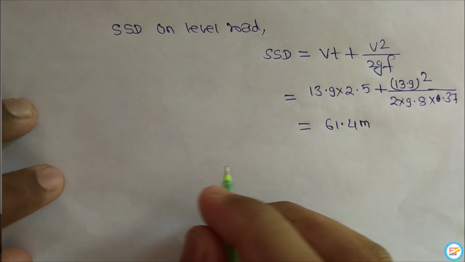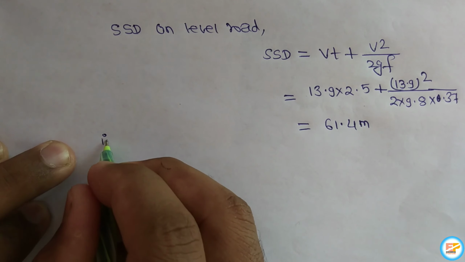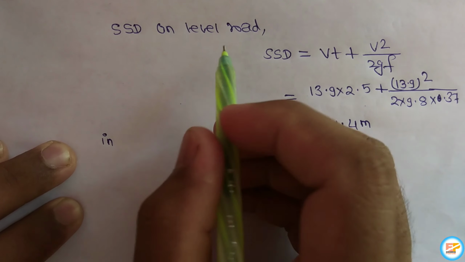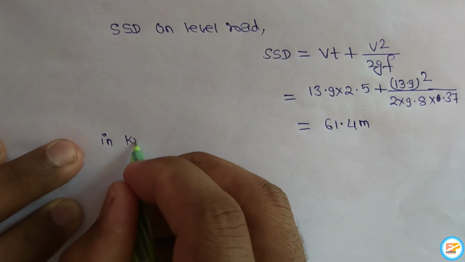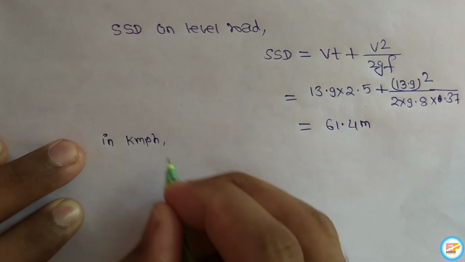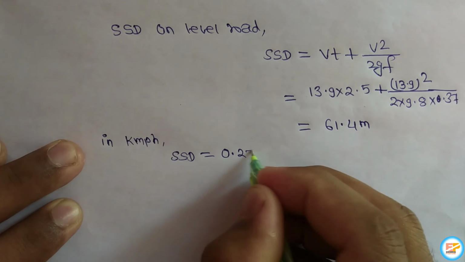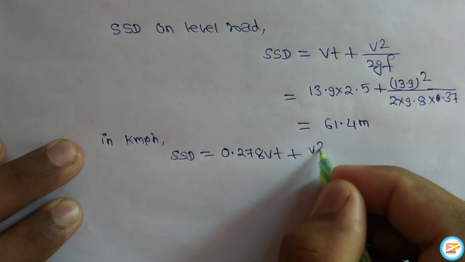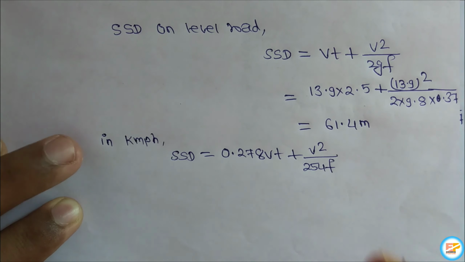So you will get 61.4 meter. If you want to calculate in kilometer per hour, you can calculate the same, because this is the stopping sight distance on a level road. Level means the same. So in kilometer per hour, SSD is equal to 0.278 Vt plus V square by 254 F. This is the formula.